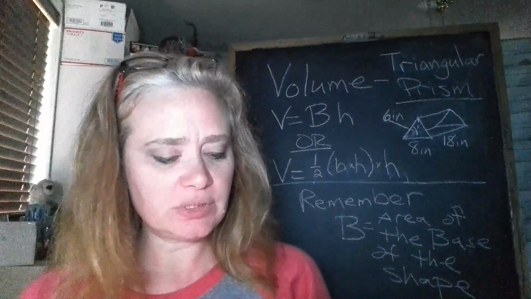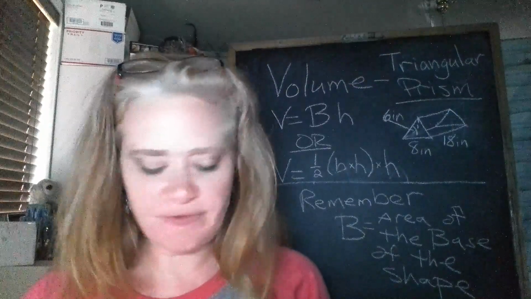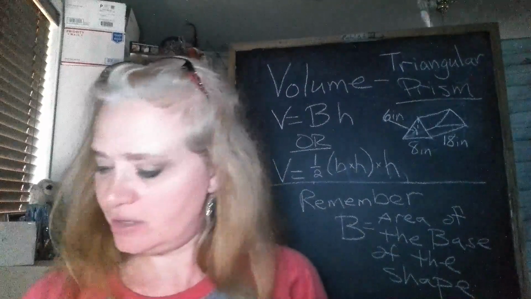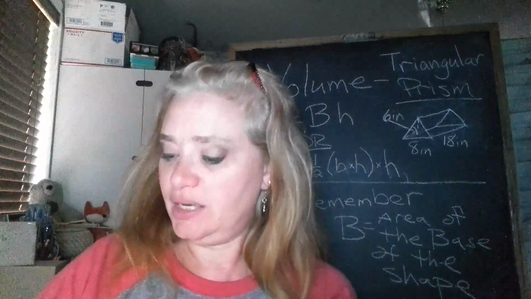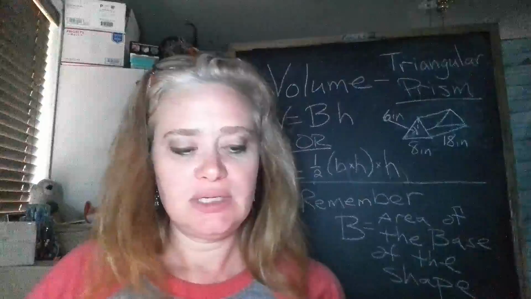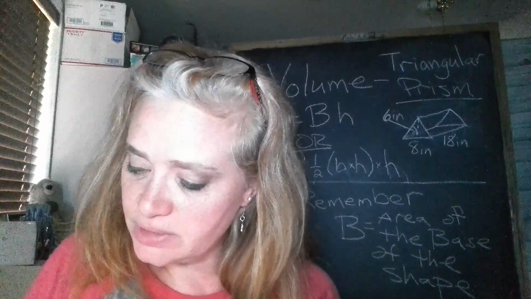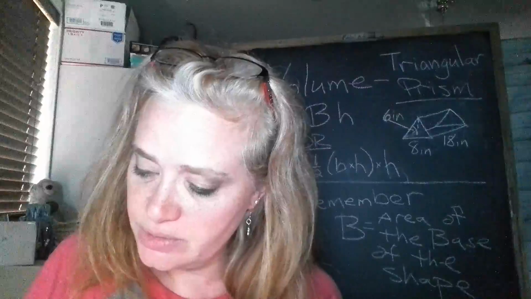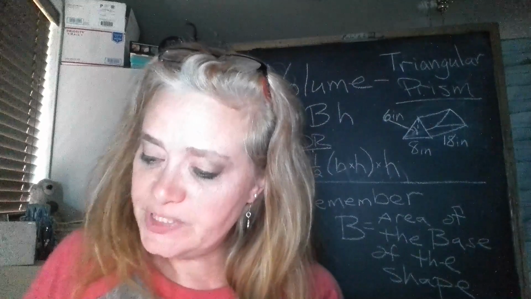So if we do a little shortcut math for now, and I plug in my half times my 1.5 times my 1 1/4, then I end up with the decimal 0.9375. So I've got 0.9375 times, how tall did we say it was?